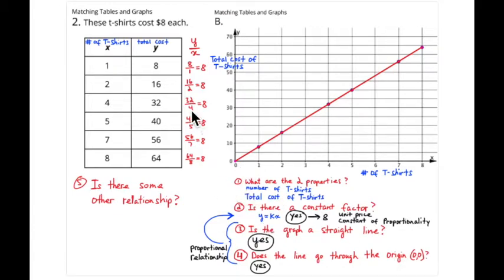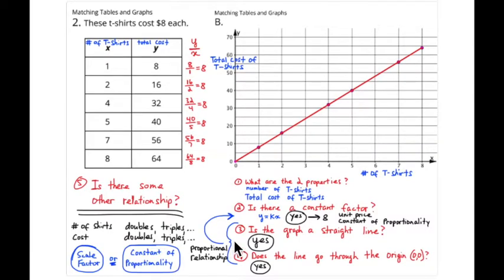So these 3 things taken together: 1 is that there's a constant of proportionality, 2 is that the graph is a straight line, and 3 is that the graph goes through the origin, 0, 0. Those 3 things taken together show you that the number of t-shirts and the total cost of the t-shirts is a proportional relationship. So this is a proportional relationship.